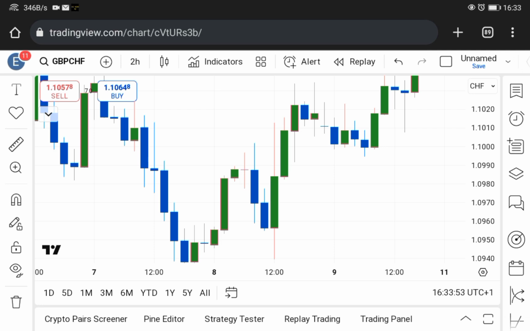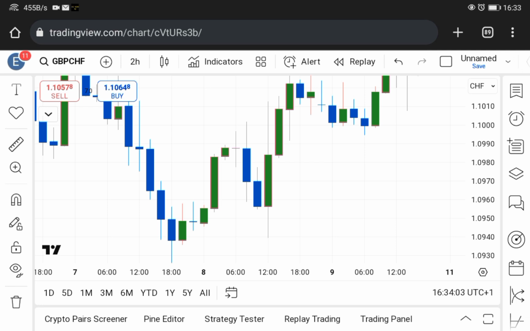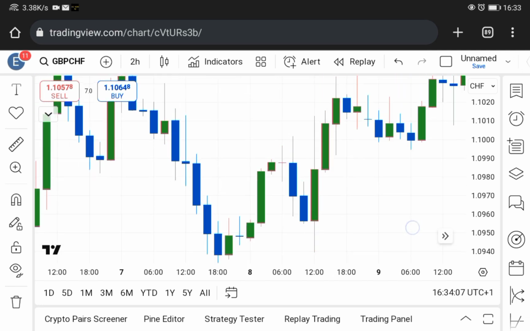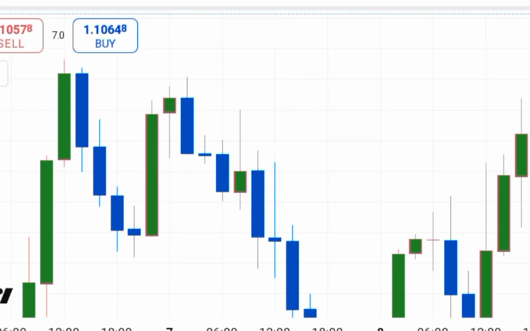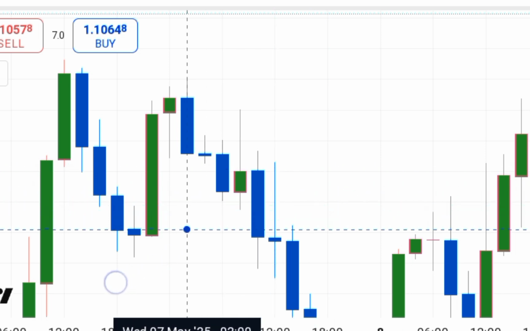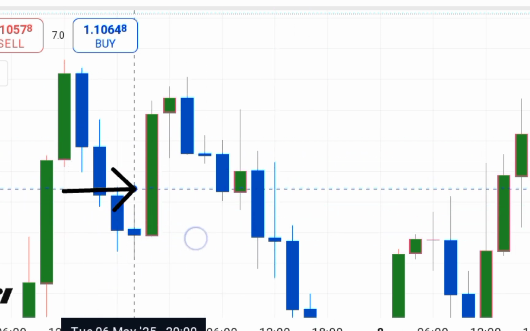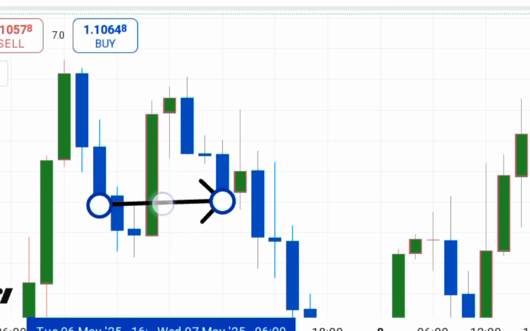Note, there's no strategy that is 100% accurate, but you have to use your stop loss to protect you. Since the trend of the market is bullish, we are waiting to take a trade. We need two candles pulling to the downside. We have this, we have one, we have two. At this stage, we have to take a trade to the upside.